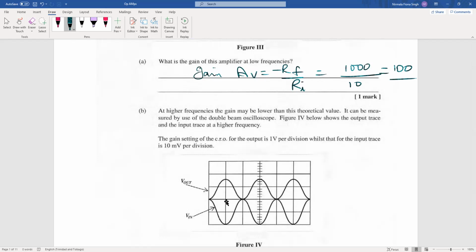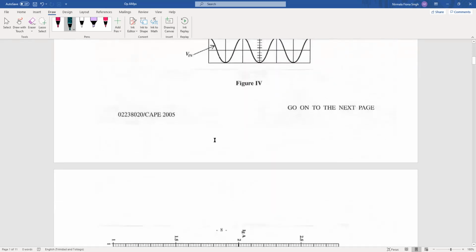So that means we can read our graph or read our screen and see what our output is going to be, what our values are. So 1 volt per division, as in per division, 1 volt. All right. Please note you have subdivisions and you have regular divisions. In this case, the division is between each main value or each main line on the screen.